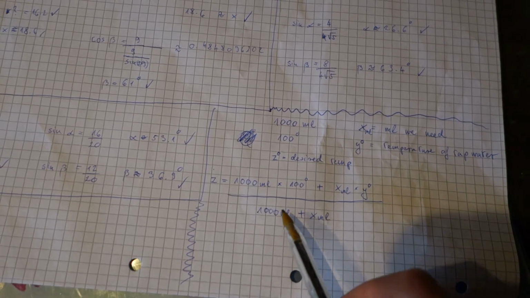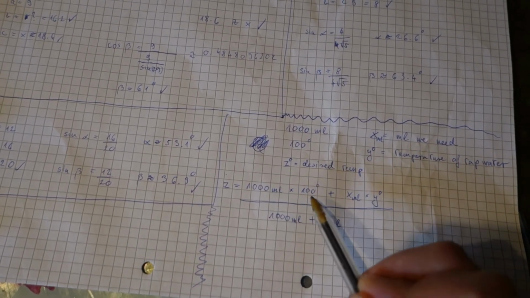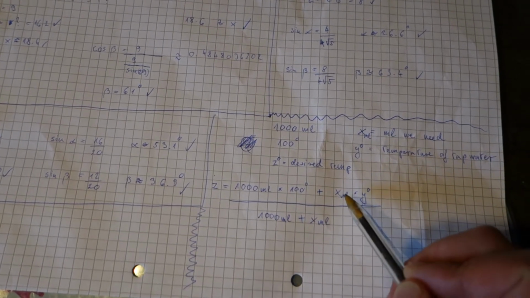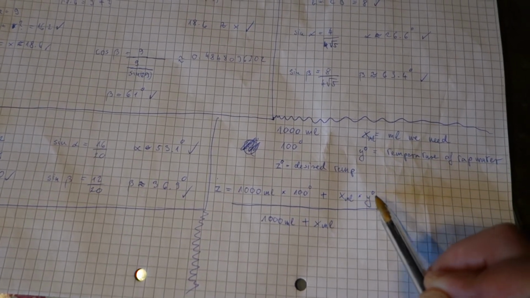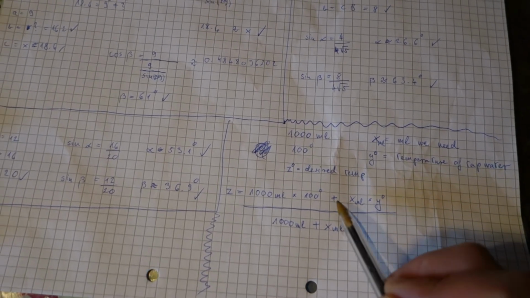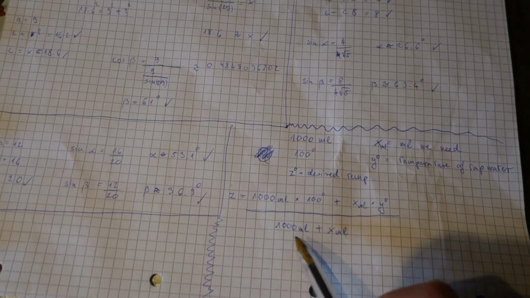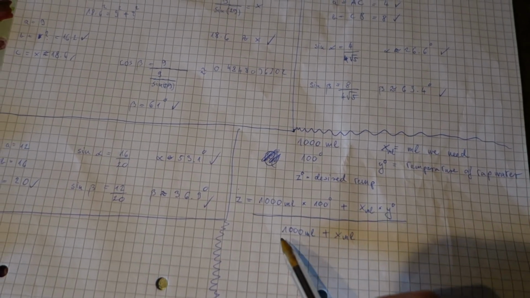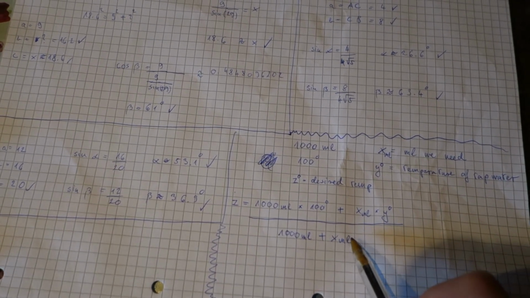And then I multiply the 1000 milliliters by the 100 degrees, and then multiply the X amount of milliliters with the, let's say, 20 degrees water, and add these two together, then divide the whole thing by the total amount of water, which is the 1000 milliliters plus the X amount of milliliters.